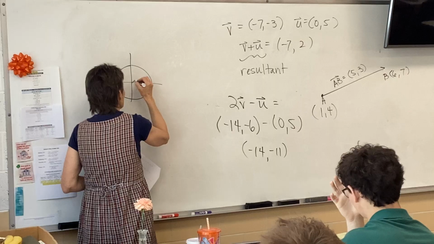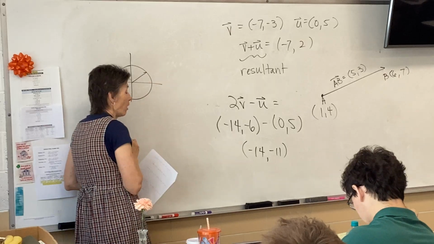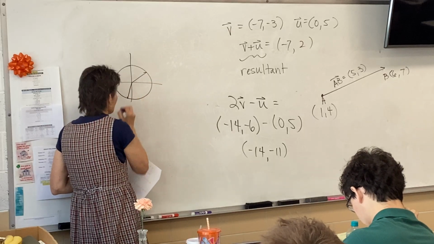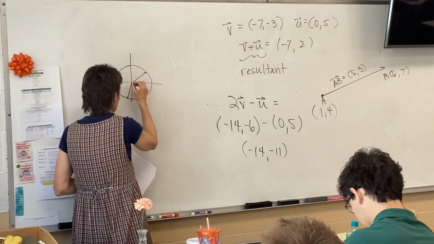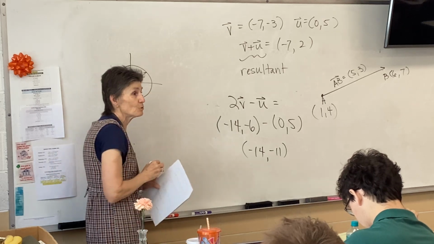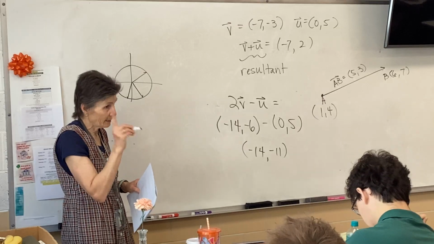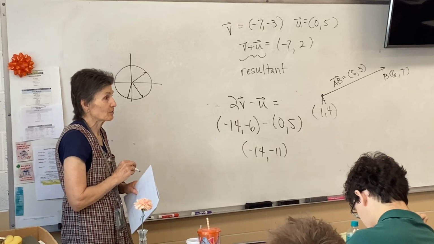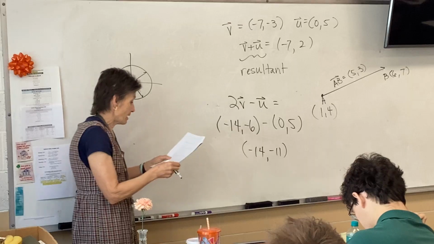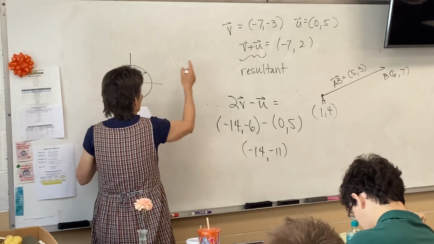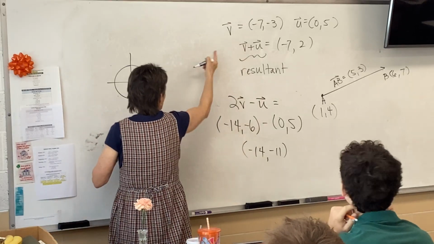So any vector that is drawn in the unit circle is called a unit vector. So what can you tell me about the magnitude, the length, of a unit vector? It's 1.